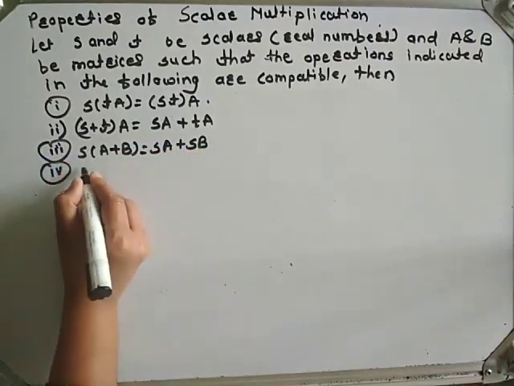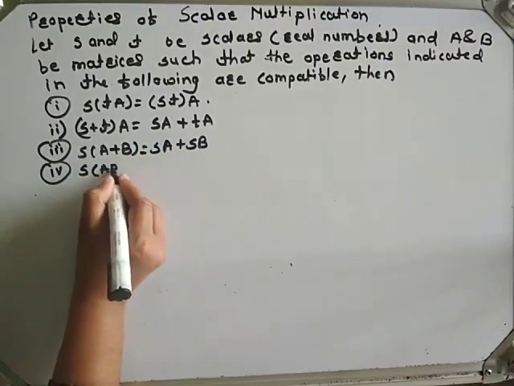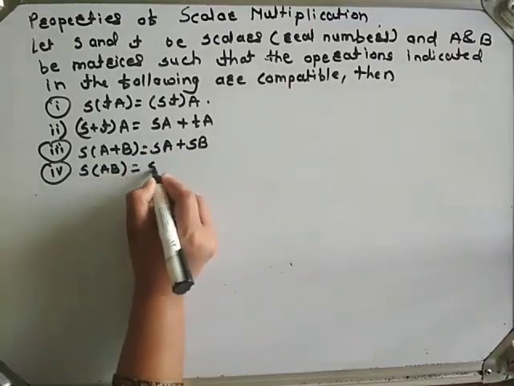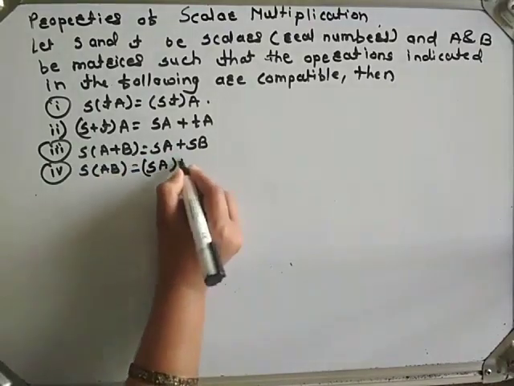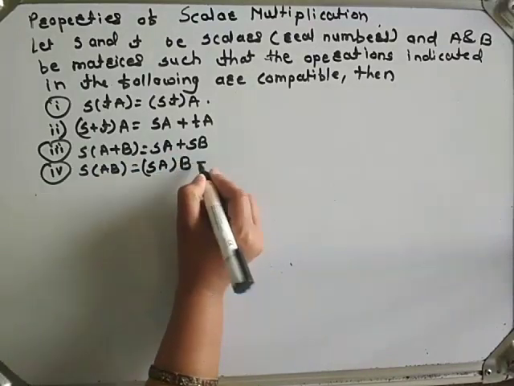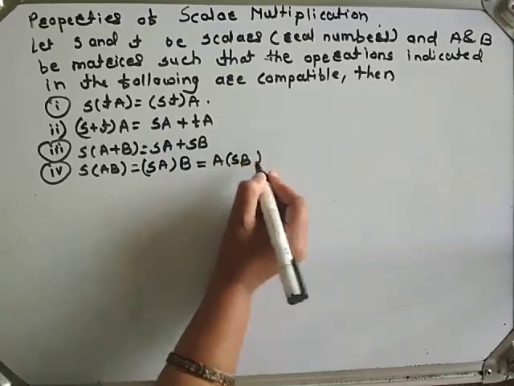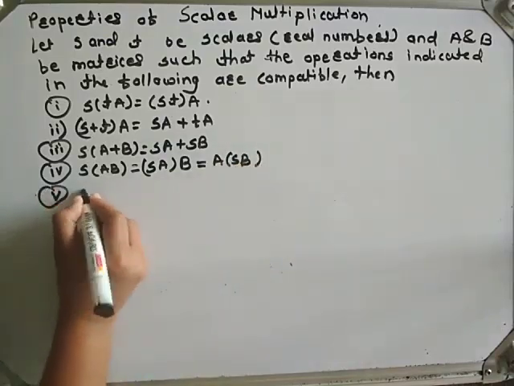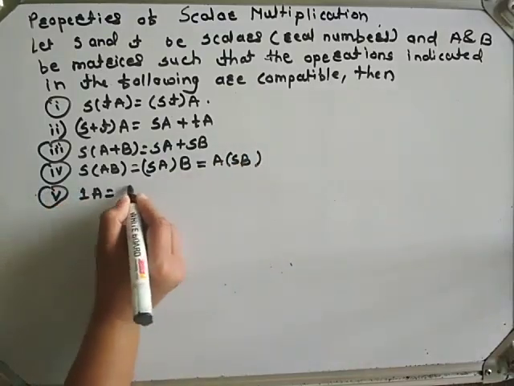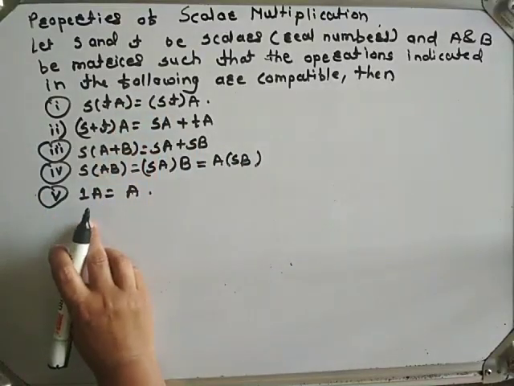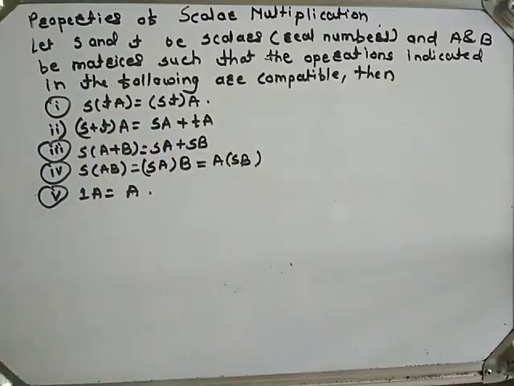Fourth one is S into (AB), which is equal to (S into A) into B, which is equal to A into (S into B). And last one is 1 into A is equal to A. These five are the properties of scalar multiplication.